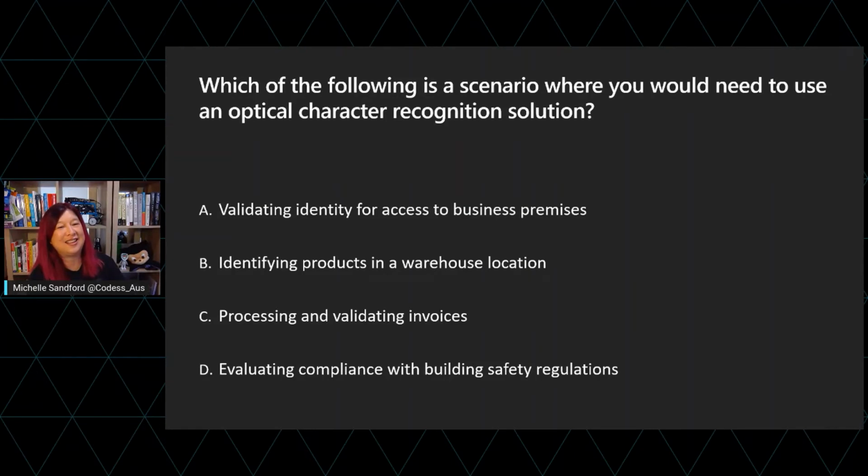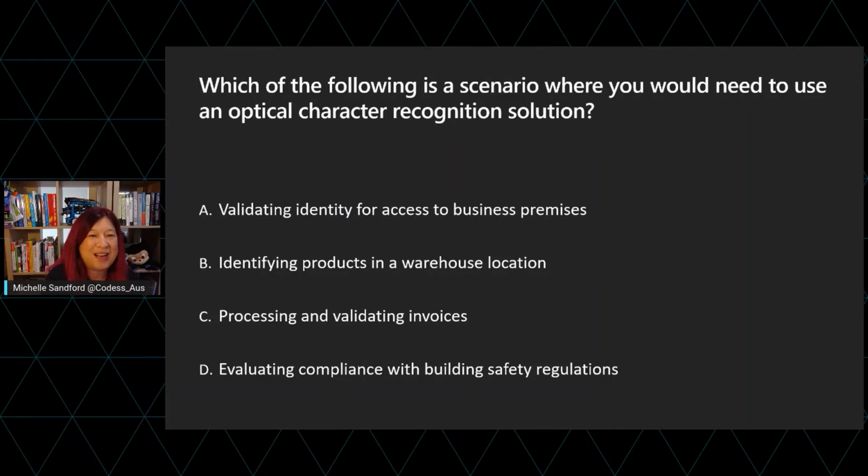OCR is forms, receipts, PDFs, text in images. And therefore, C, the processing and validating invoices, is the correct answer for this one. However, depending how you read each of those other ones, you could make a case for an OCR solution. They just wouldn't be the best one.